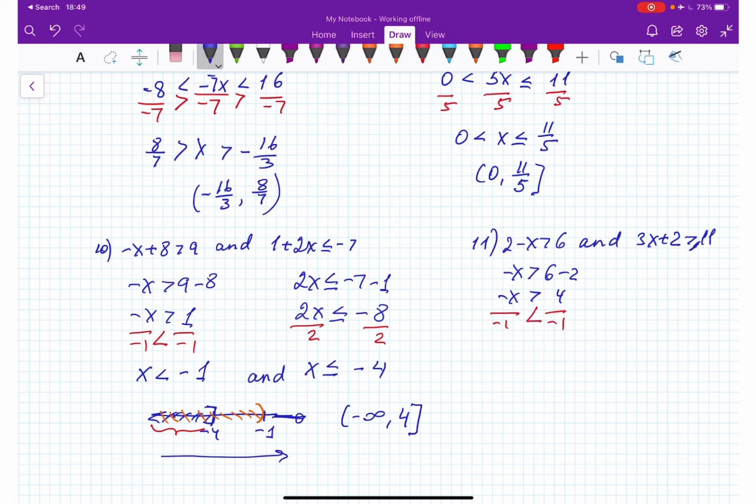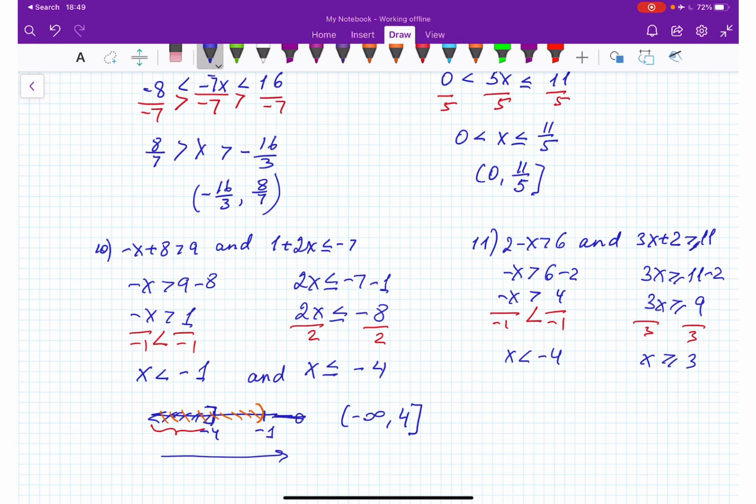And we have x is less than negative 4. Now next one, 3x greater equal 11 minus 2, 3x greater equal 9. We divide by 3, and we are getting x is greater equal 3.